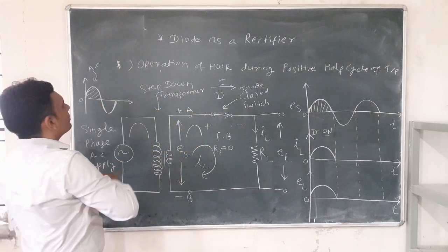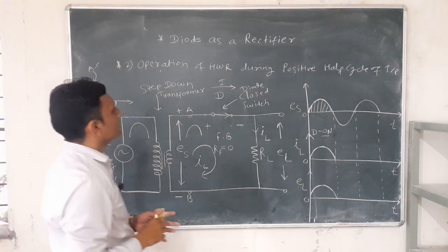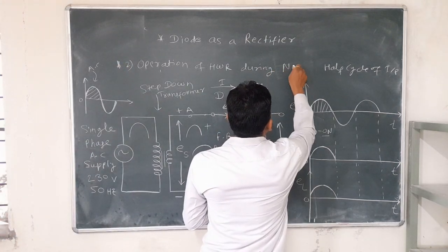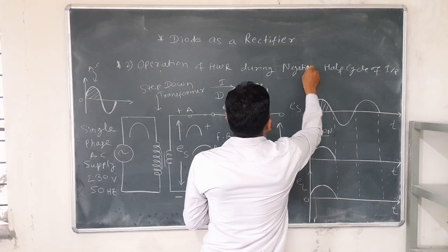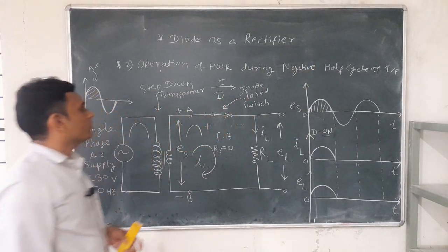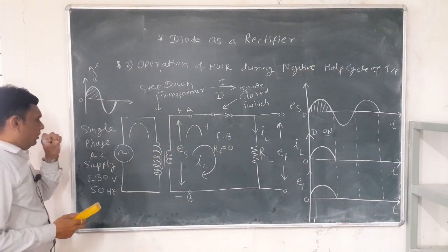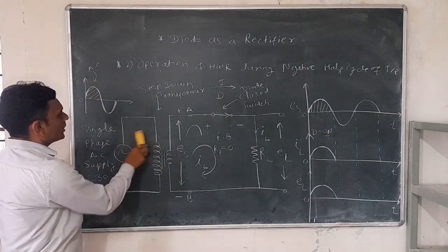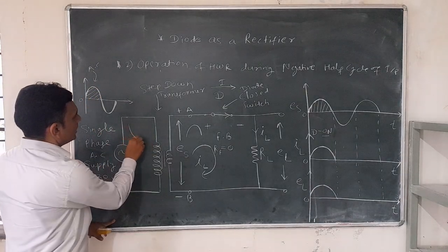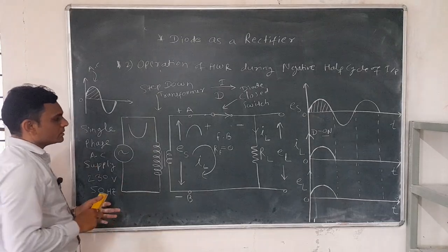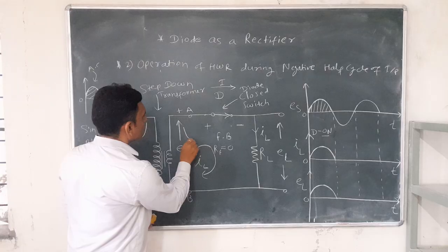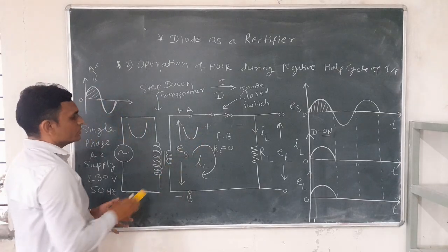Second time, consider the negative half cycle of the input, meaning operation during the negative half cycle of the input. So after completion of the positive half cycle, the negative half cycle starts. Therefore a negative cycle is produced in the secondary.